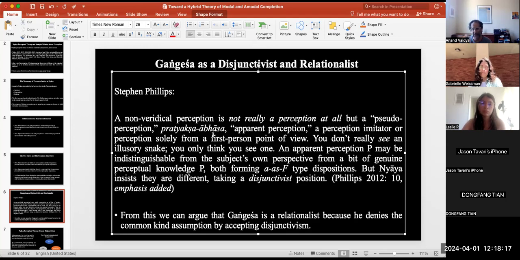Now, in this talk, I'm not going to spend time discussing the unique way in which Gangesha is a disjunctivist, but it's very important to understand in general that the kind of disjunctivism found in Gangesha is not really the metaphysical disjunctivism found in John McDowell. It's not the epistemic disjunctivism found in Duncan Pritchard.